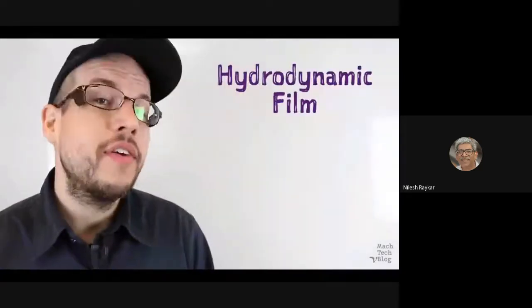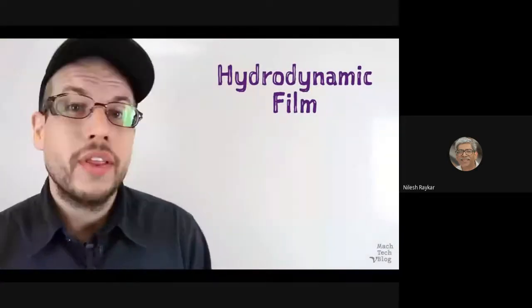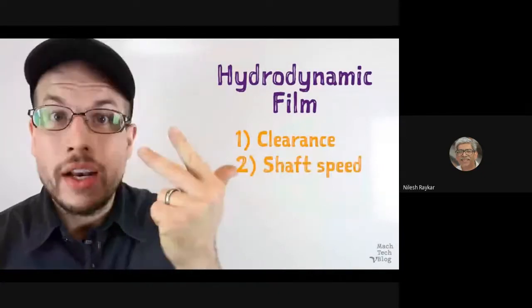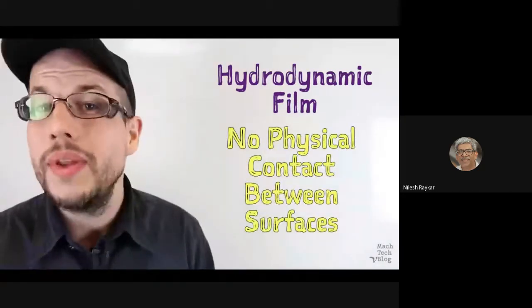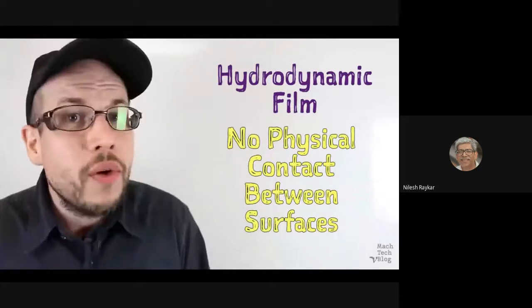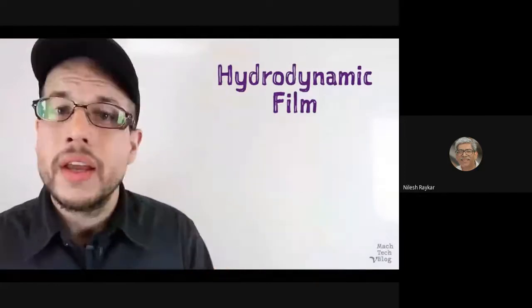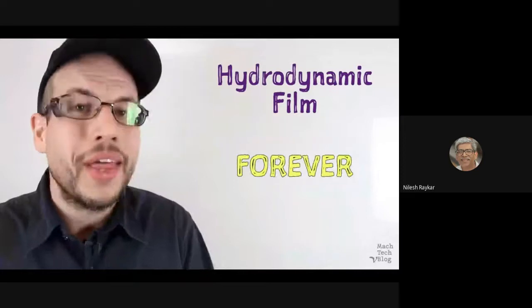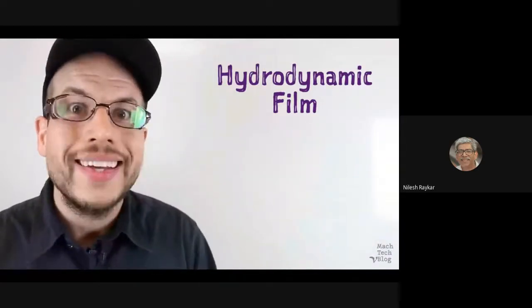The thickness of the film may only be a thousandth of an inch, but if the bearing was designed with the correct clearance, shaft speed, and lubricant viscosity, and if it's been maintained properly, then there should technically be no physical contact between the two sliding surfaces, and therefore there should be no wear of the journal or the sleeve. Theoretically, a hydrodynamic bearing should be able to run forever without ever needing to be repaired or replaced. In fact, there are some which have been in service for over 100 years.